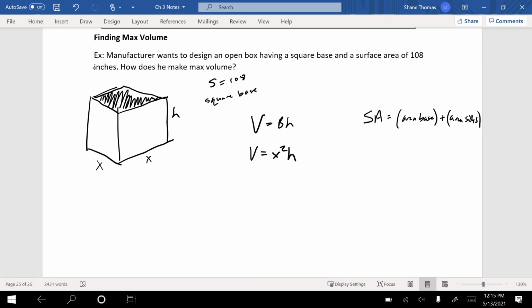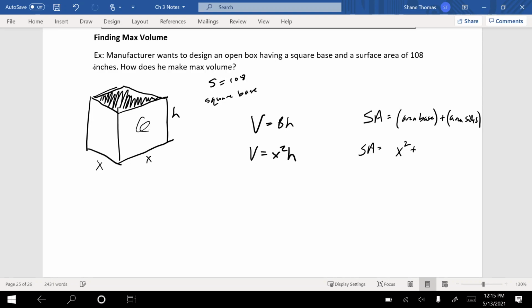And then at the same time, our surface area would be the area of the base, which would be x squared, plus the area of the sides. So we're going to have 4 sides, right? And they would be x times h, wouldn't they? Like the area of this end here.